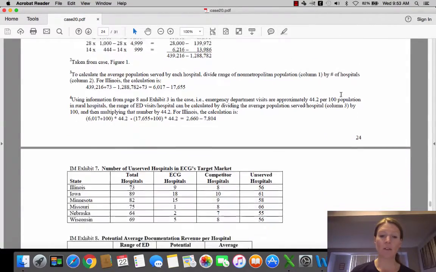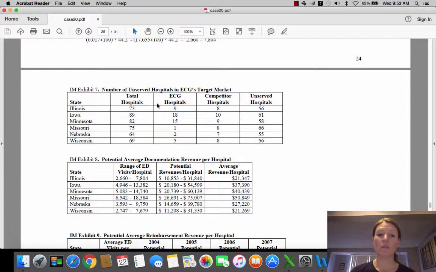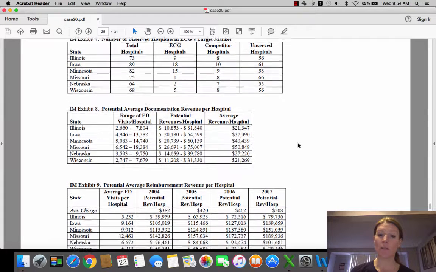So I'm going to scroll down a little bit here. So moving forward, we do have information on the number of hospitals we've determined. We know how many hospitals ECG already has in these target markets, and how many our competitors have, and then how many are unserved that are either employing their own docs, etc. And then potential average documentation revenue per hospital.